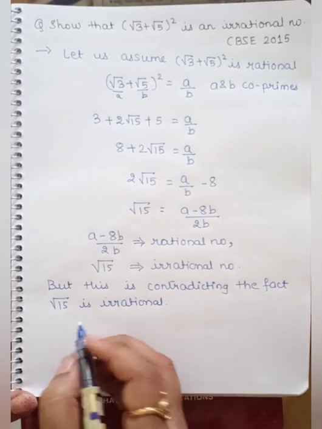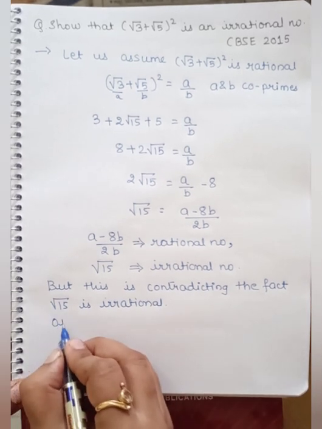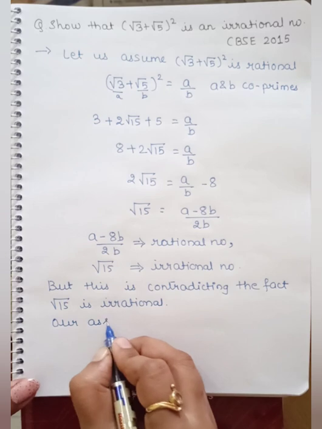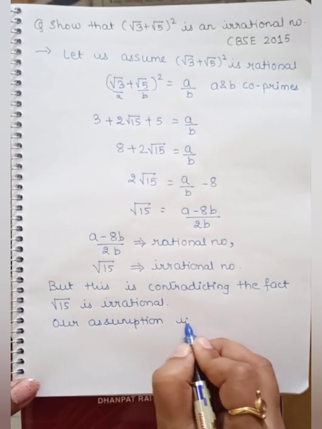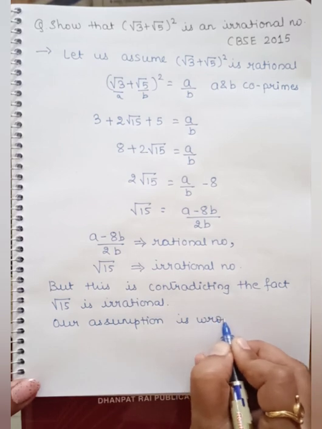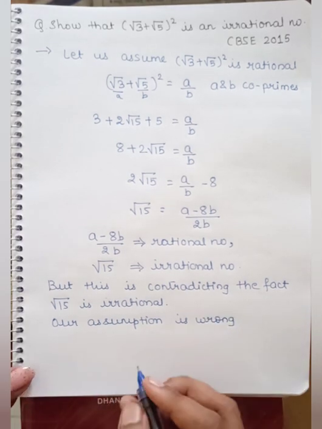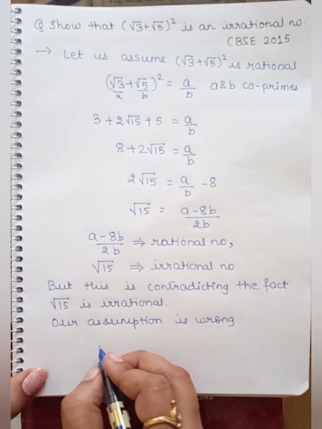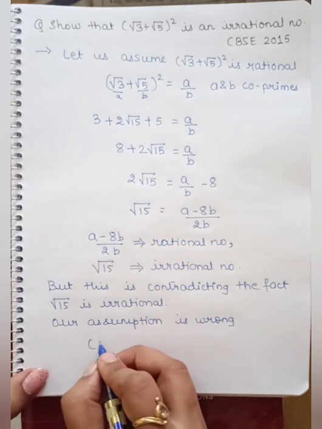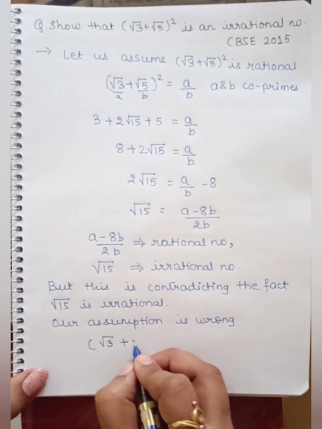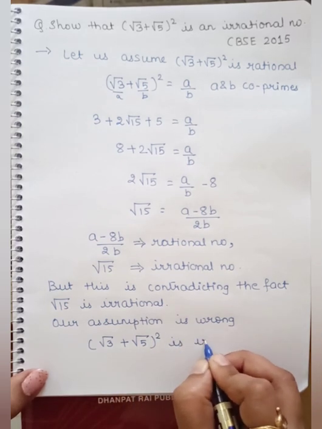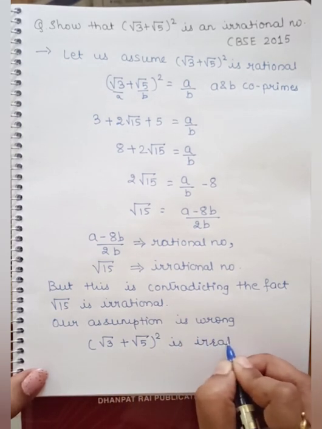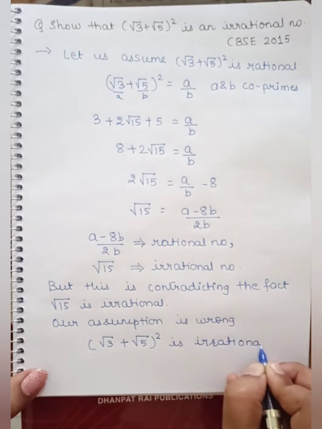Hence our assumption is wrong. So what is the actual value then? It means that under root 3 plus under root 5 bracket square is not rational, but it is an irrational number.